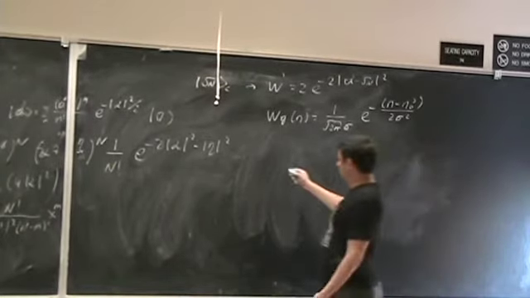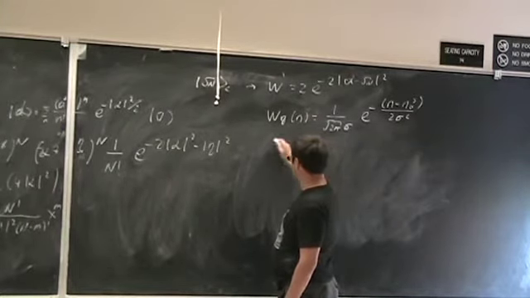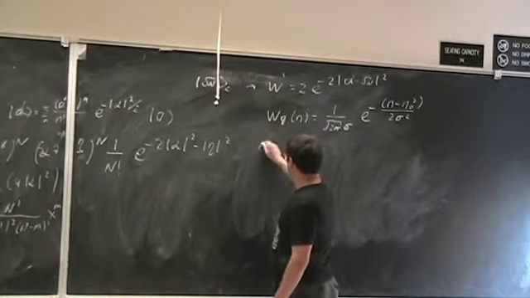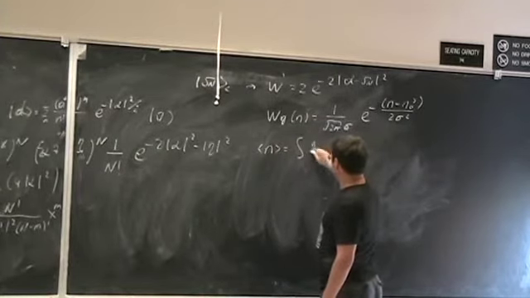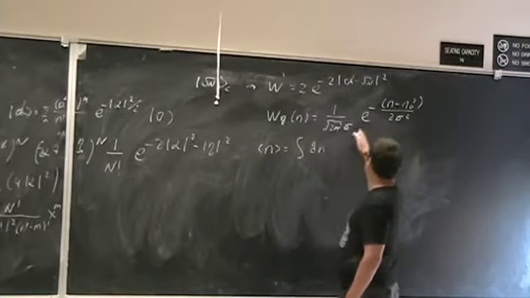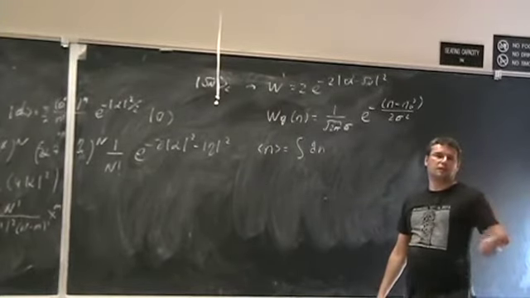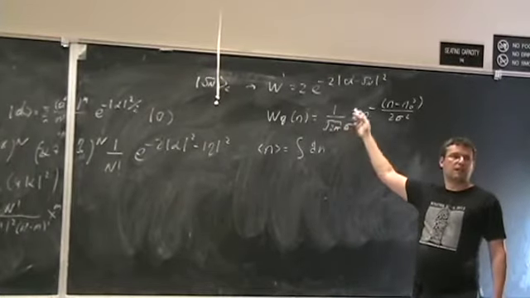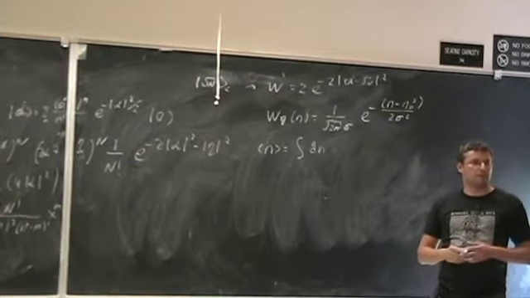So we need to require that this function correctly reproduces the first two moments of n. So we know that the average n must be equal to the integral over the... I mean, obviously, for a Fock state, there cannot be any dependence on phase. So instead of a function of alpha star and alpha, I wrote immediately a function of just the product alpha and alpha star.